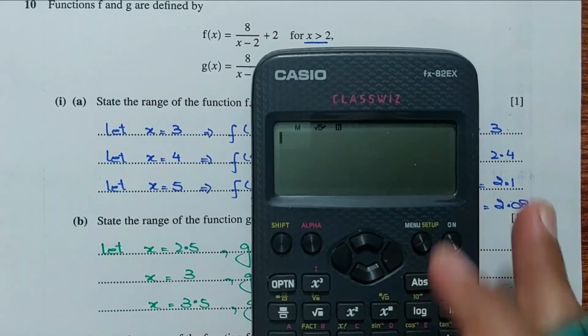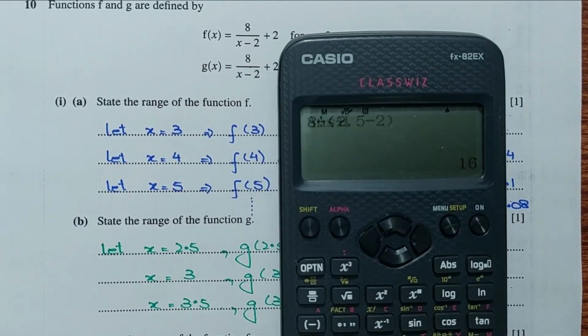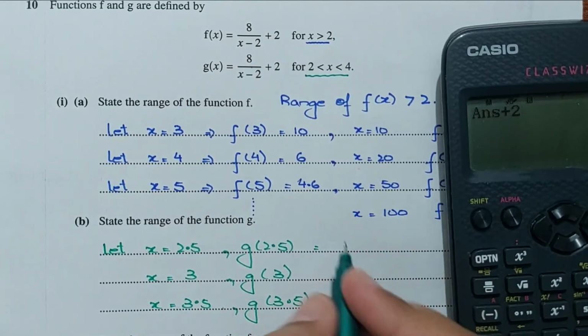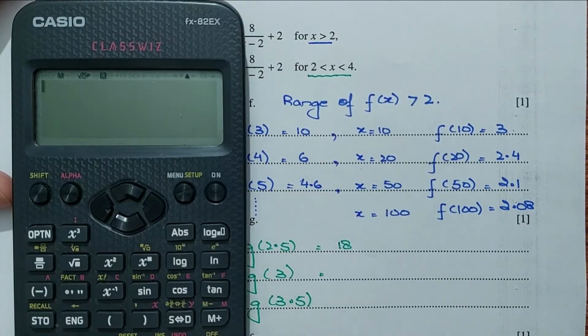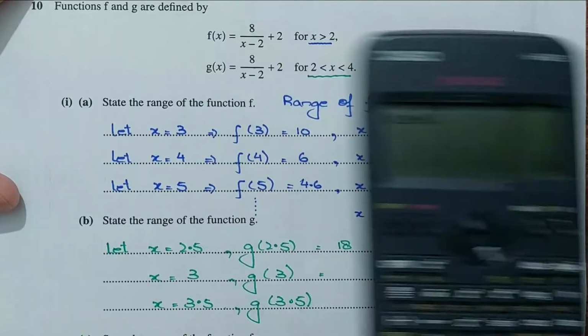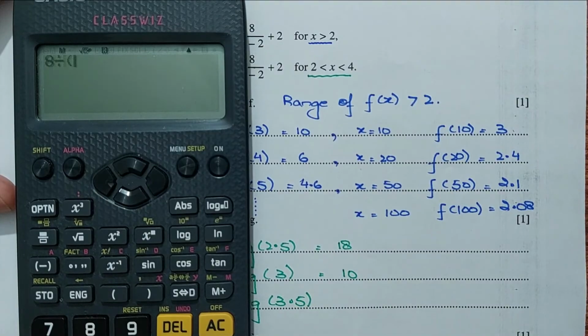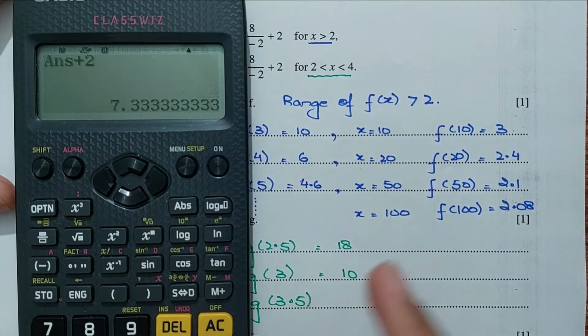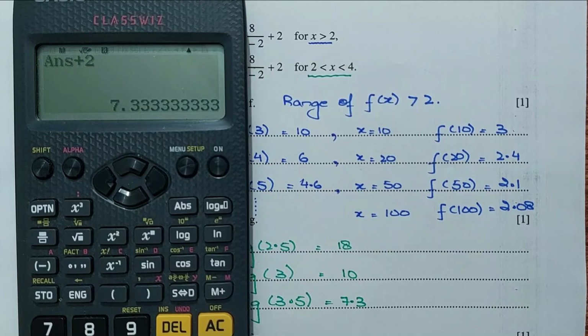All right, so 8 divided by (2.5 minus 2) plus 2, that is 18. Let me check at 3: 8 divided by (3 minus 2) plus 2, that is 10. Okay, 8 divided by (3.5 minus 2) plus 2, that is 7.3. Now move closer to 4.